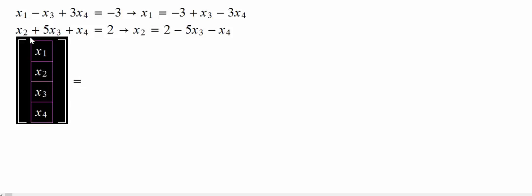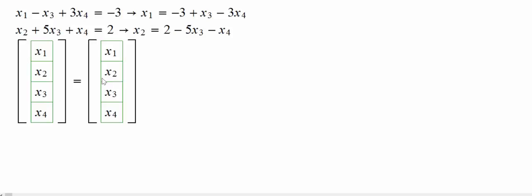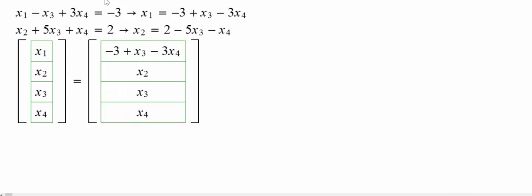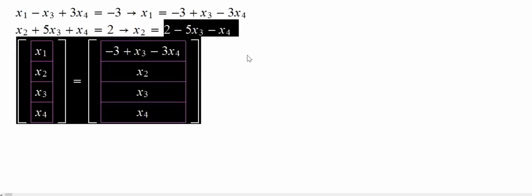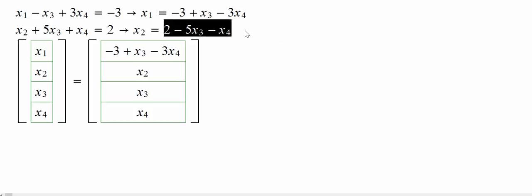When we are solving for x1, x2, x3, x4, now we are going to write everything in terms of the free variables, because, saying it in simple words, we can assign the free variables values freely. So this is what it turns out to be.